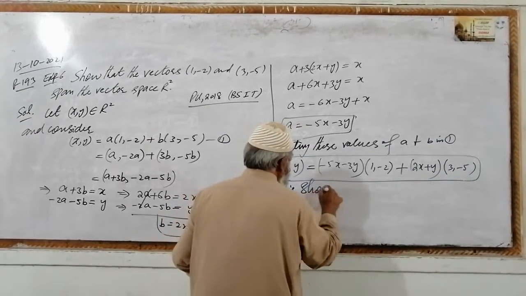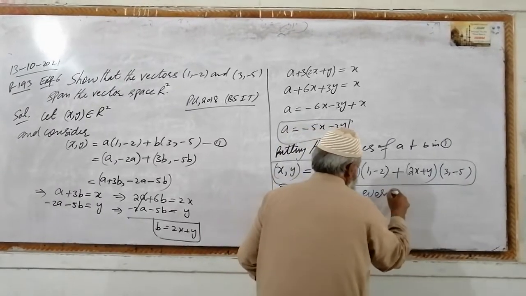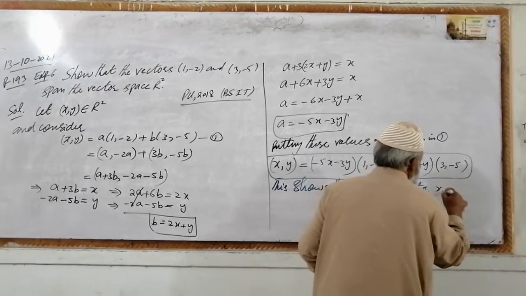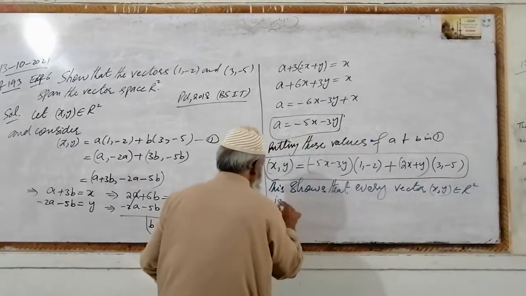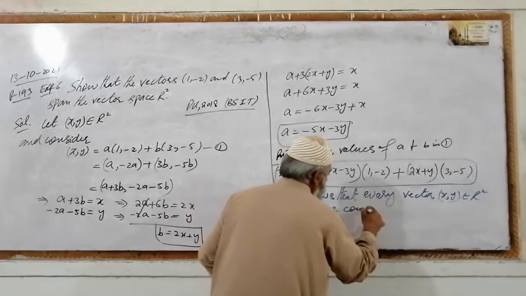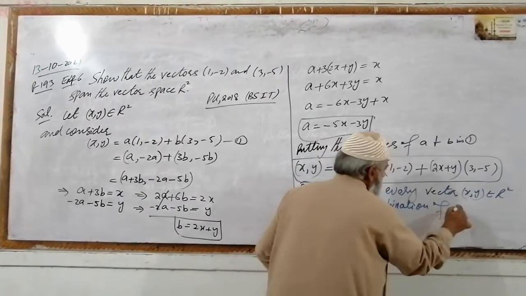This shows that every vector (x, y) belonging to R square is a linear combination of vectors.